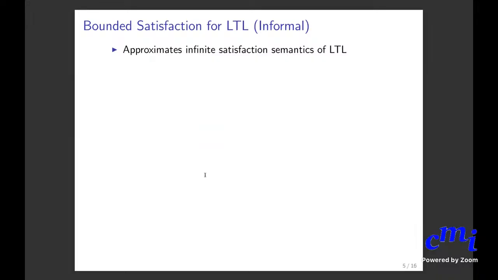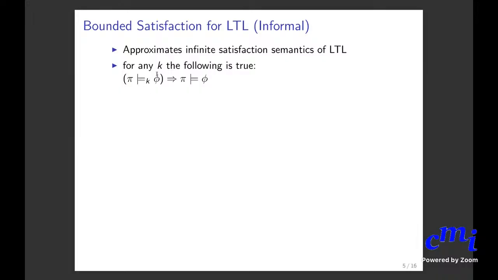And now this encoding of the full LTL into SAT formulas for bounded K error witness check relies on an approximation to the infinite satisfaction semantics that is usually defined for LTL. What do I mean by an approximation to an infinite satisfaction?